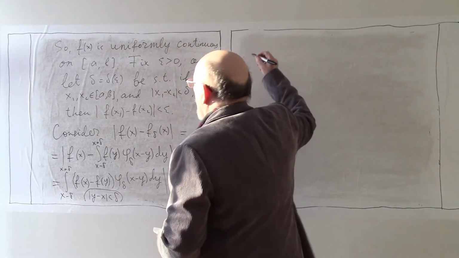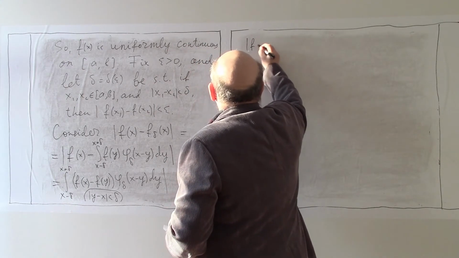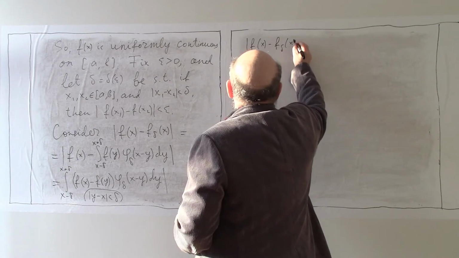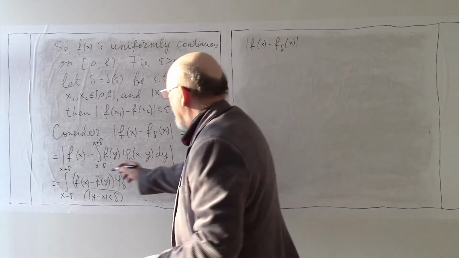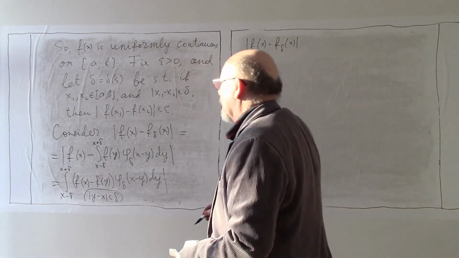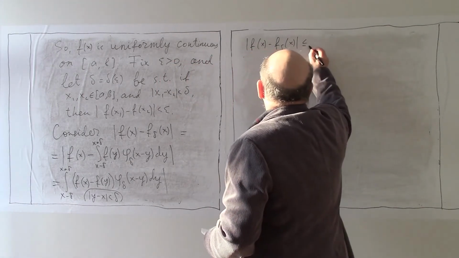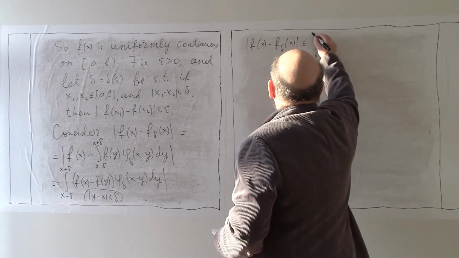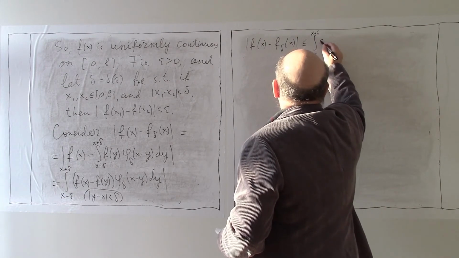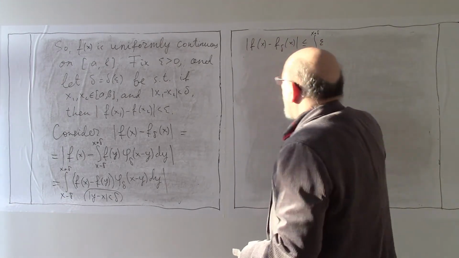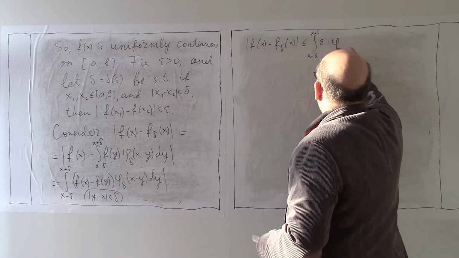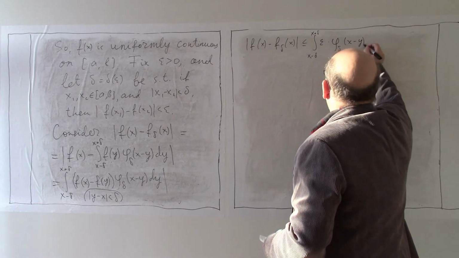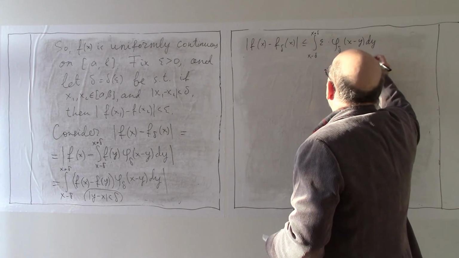So modulus of f(x) minus f_delta(x) is less than or equal to the integral from x minus delta to x plus delta of epsilon times phi_delta(x minus y) dy.